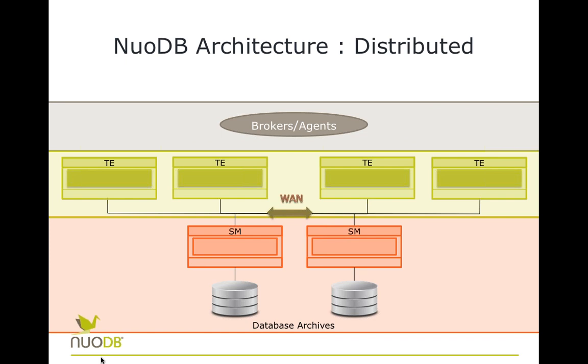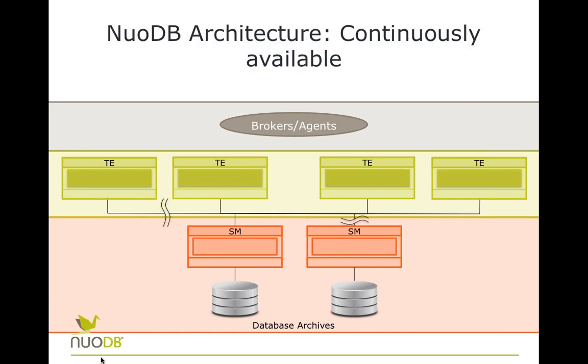They talk to a transaction engine, and that transaction engine will serve up their requirements. You may see some additional latency from the network, but operationally, the distribution of this across multiple data centers is completely transparent to the user.